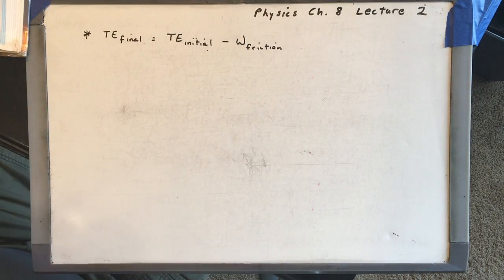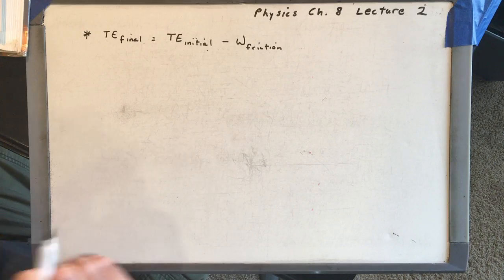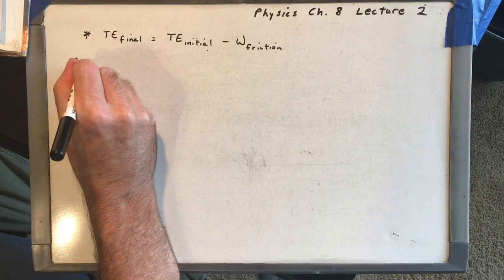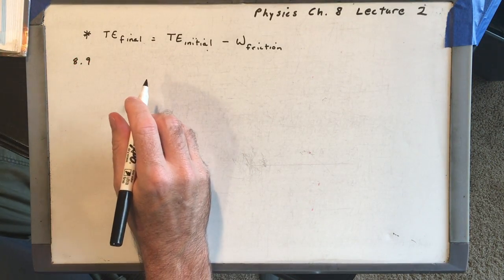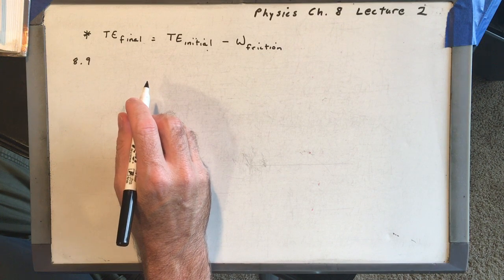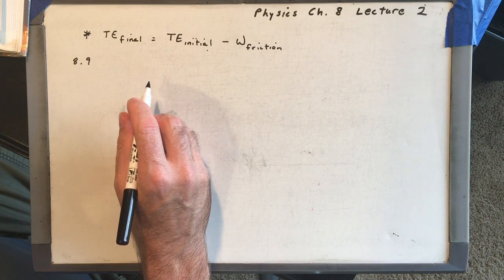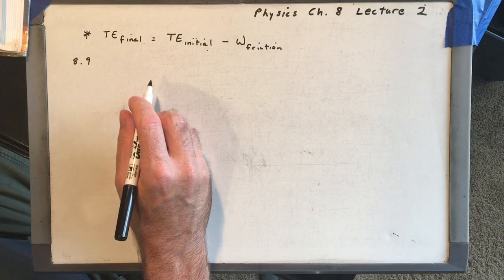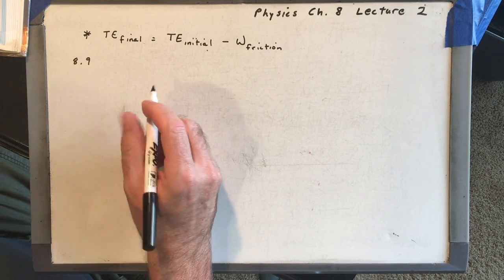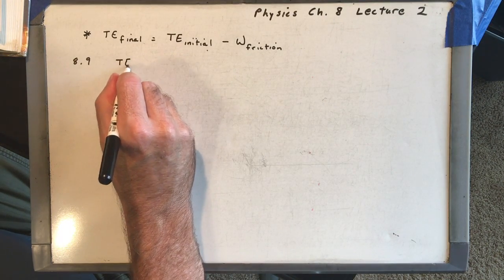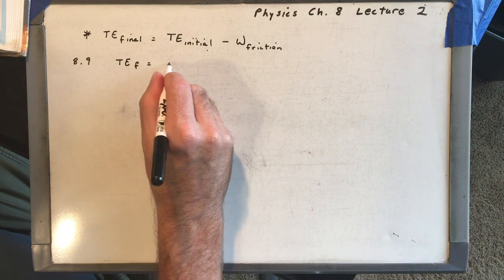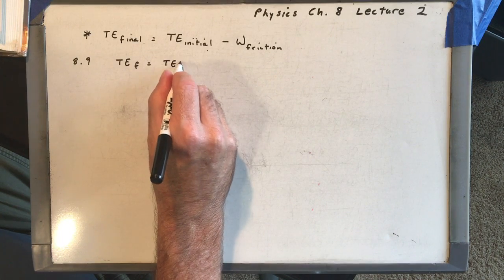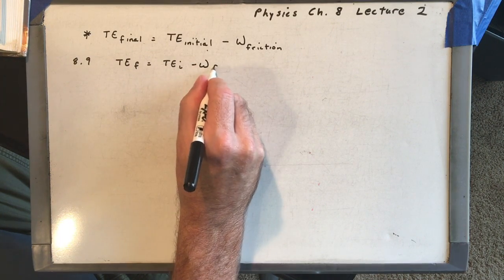Let's look at 8.9. So it says a 2.3 kilogram wooden block slides across a carpentry shop's floor. If the floor is level and the block stops after 3.5 meters, what's its initial speed? Okay, so we're going to start with total energy final is equal to total energy initial minus the work done by friction.